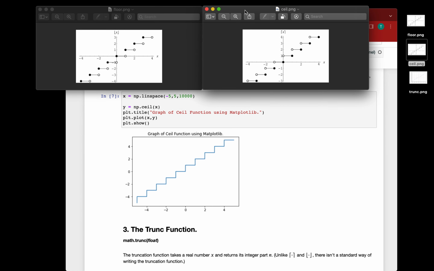If we now compare the graph of the ceil function to what we had for the floor function, you'll see that it is very similar. The ceil function is just the floor function shifted up. If you shift the whole graph upward, then you get this back, if you ignore these endpoints.